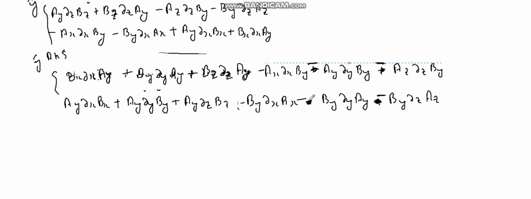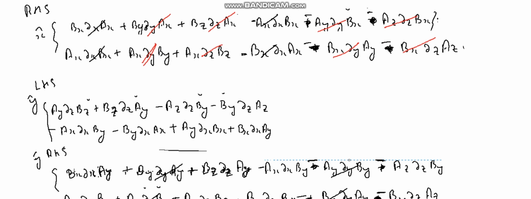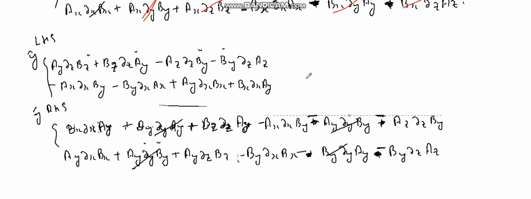Okay, so by del y ay, by del y ay, these two will cancel out, and we're gonna have ay del y by, ay del y by, and the remaining term is going to equal this term. You can see and compare it.